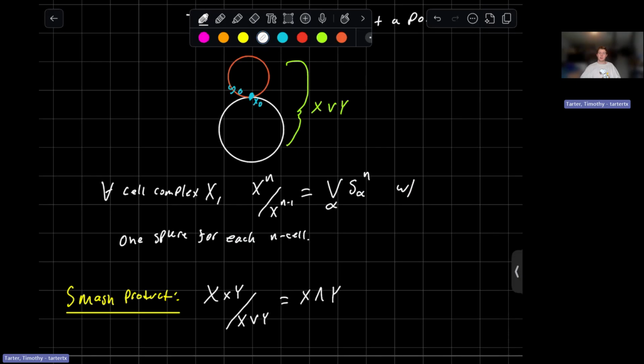Product mod coproduct. Hold on. Smash product.